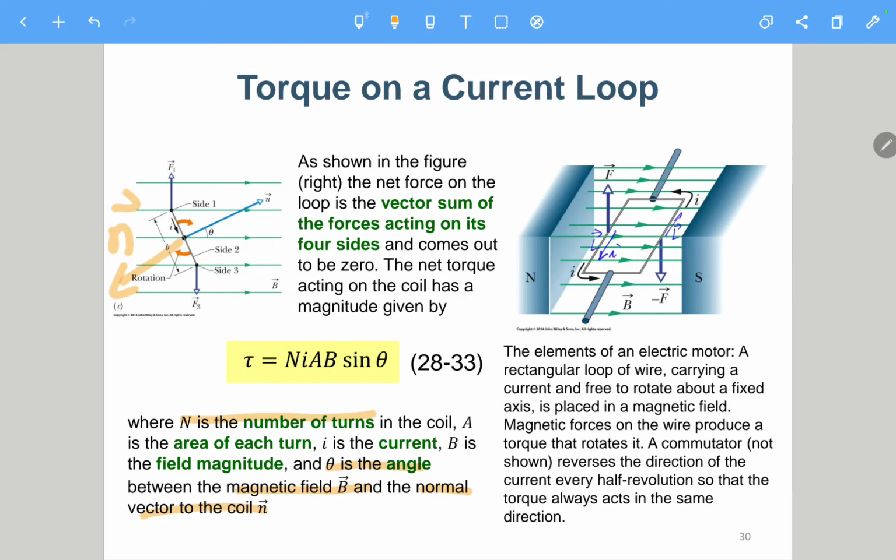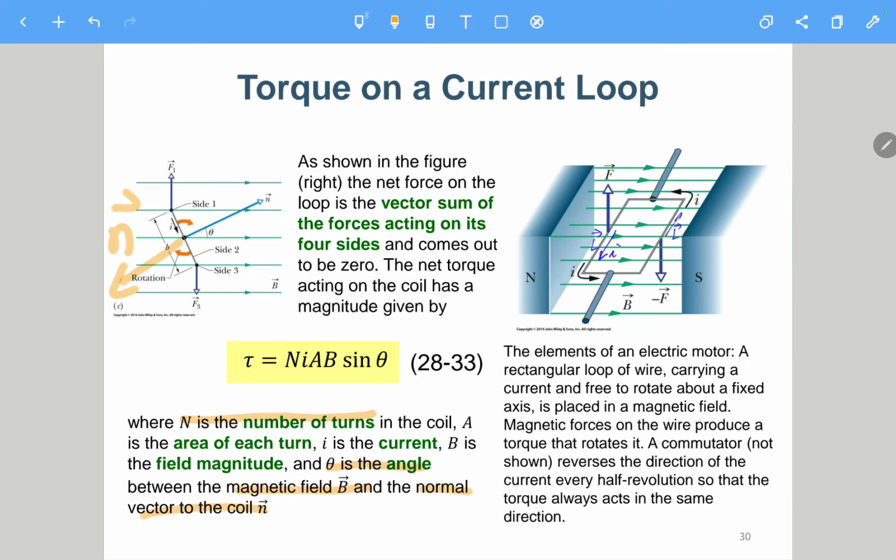If the current is going in the other direction, then if you apply the right-hand rule, your thumb will point to the opposite direction. But for this figure, using the right-hand rule, the normal vector points to this side.